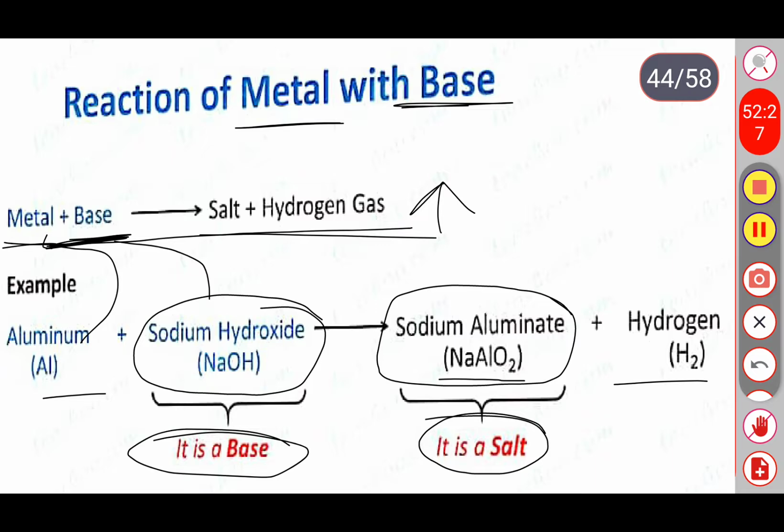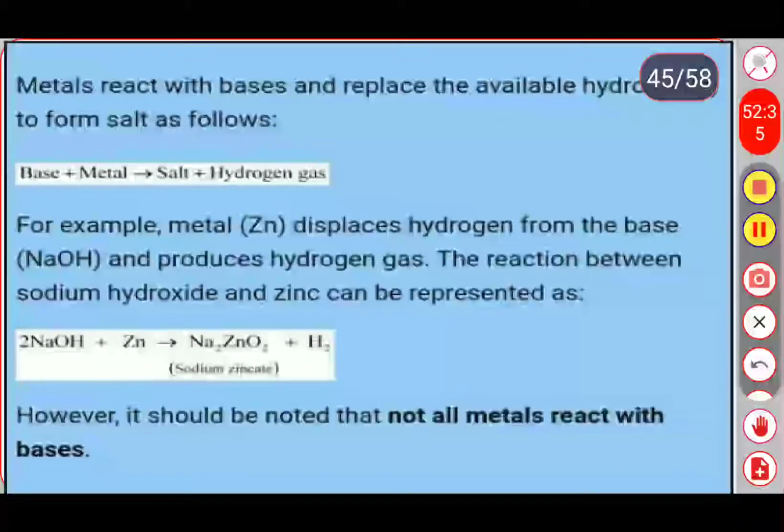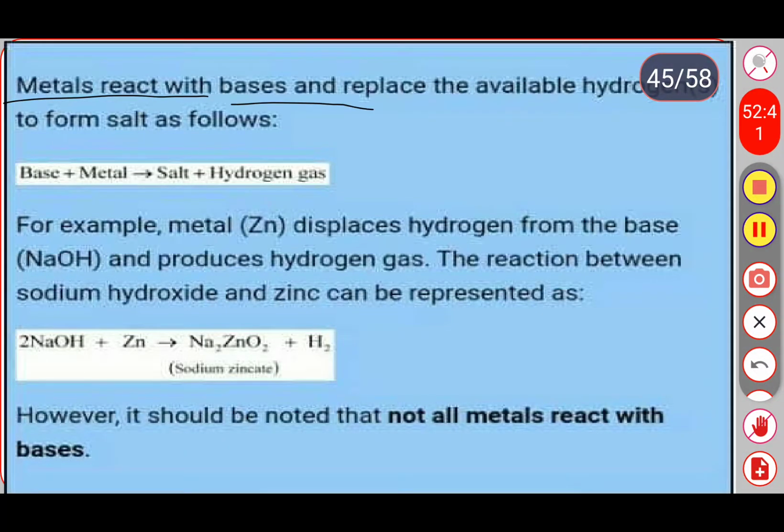We have one more example here. A metal reacts with a base and replaces the available hydrogen to form salt. So when a metal reacts with a base, it produces a salt and hydrogen gas.